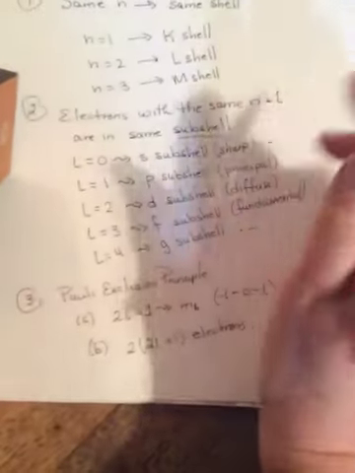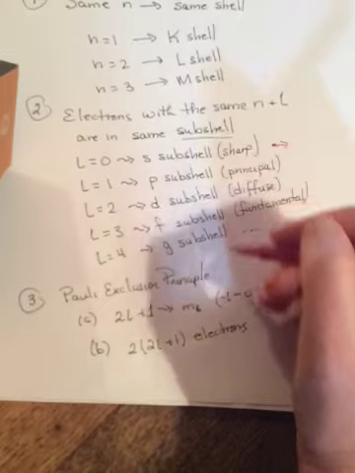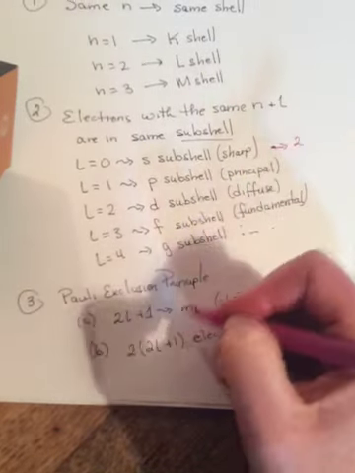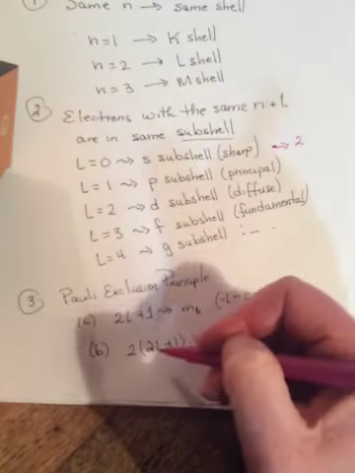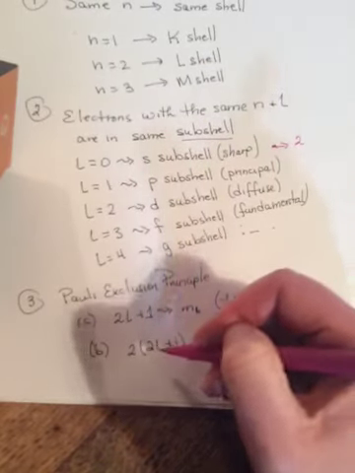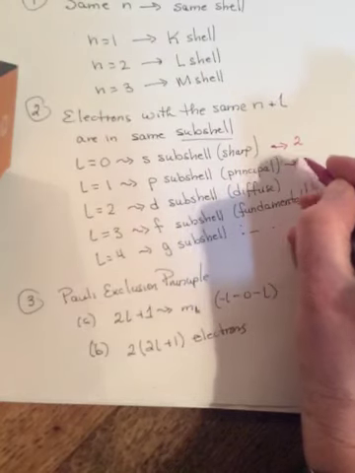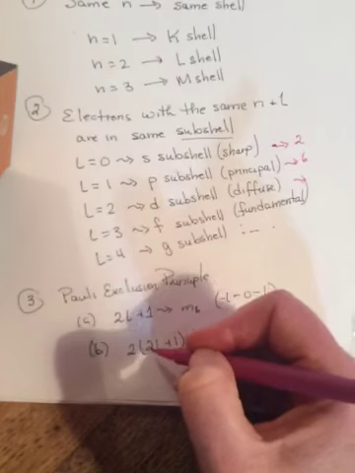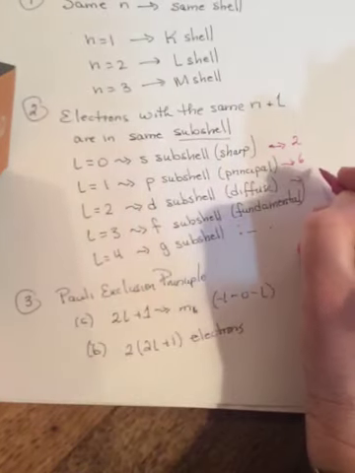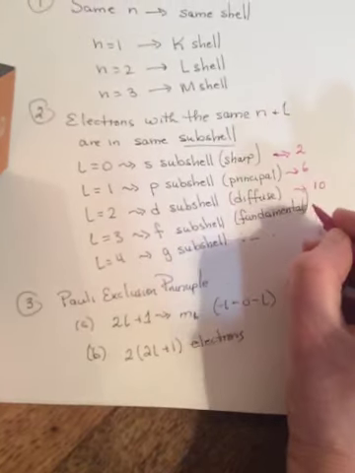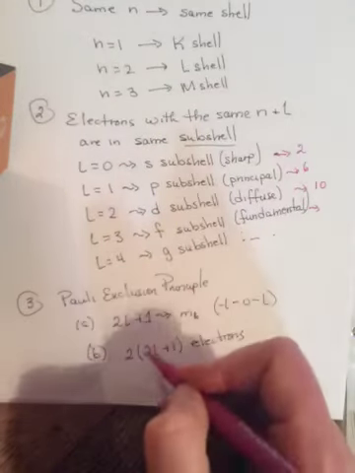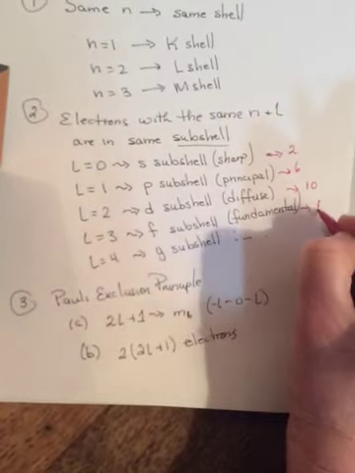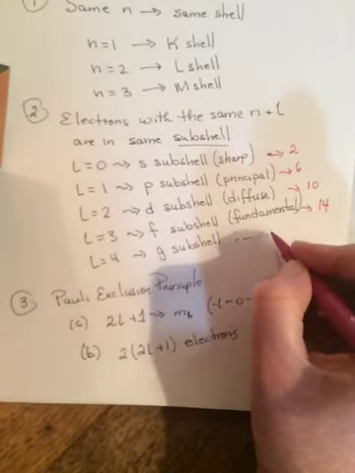The S subshell, if L is 0, can have 2 electrons. When L is 1, this bracket becomes 3 times 2, so P can have 6. When L is 2, 2 times 2 is 4, plus 1 is 5, times 2, so D can have 10. L is 3, so we have 7 inside, times 2, the F can have 14.